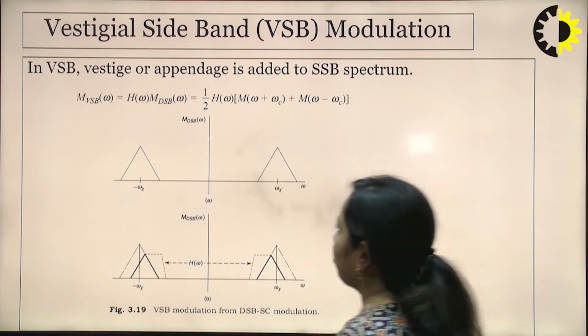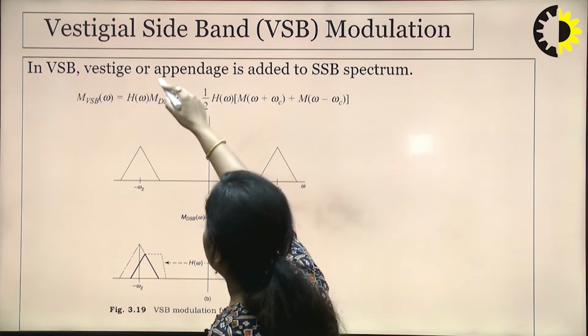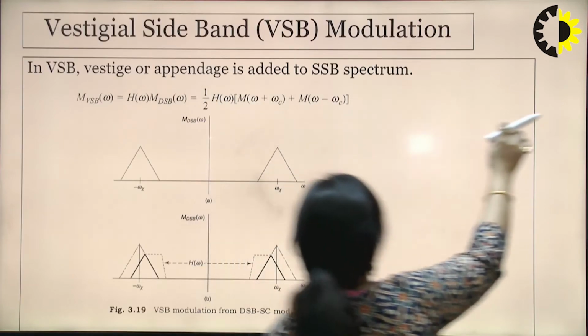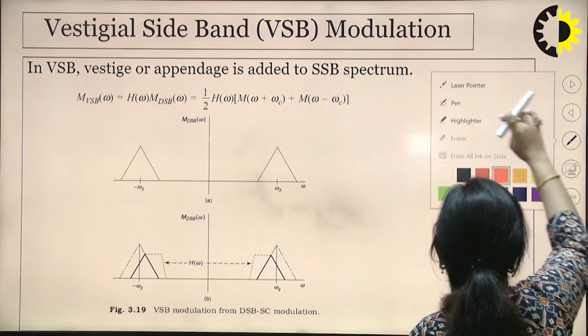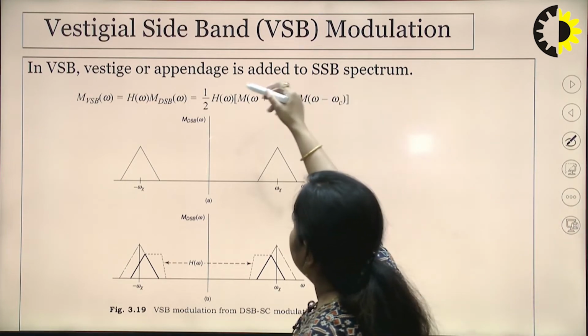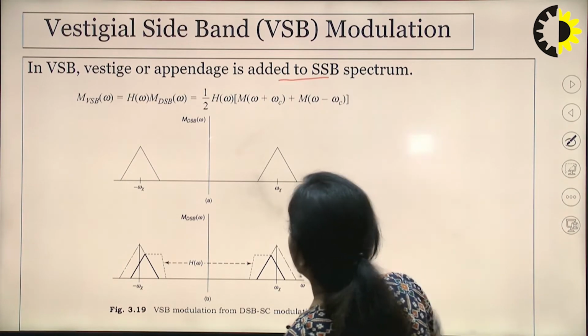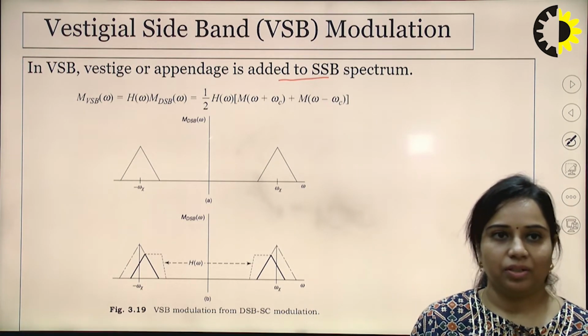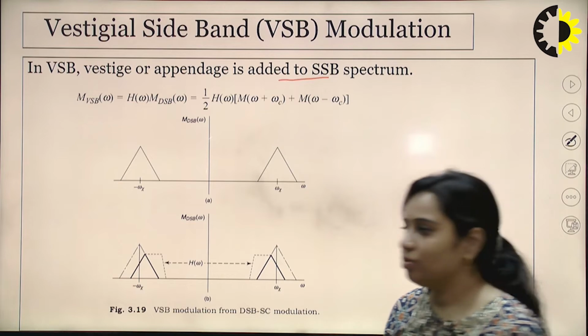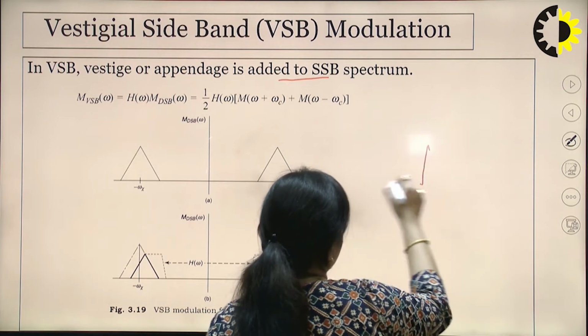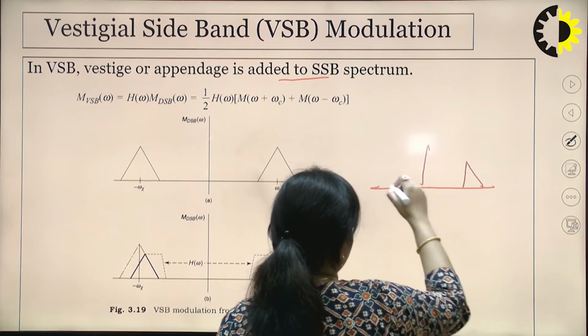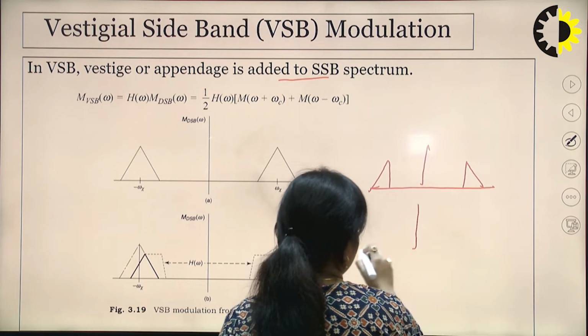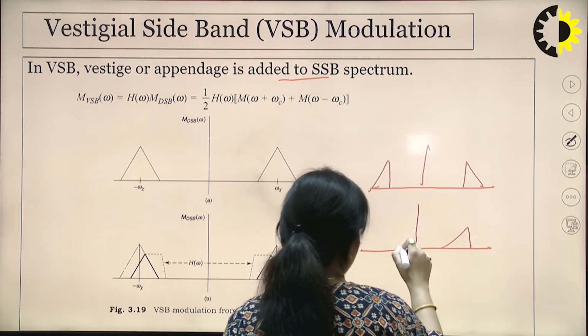So in case of this vestigial sideband, a vestige or appendage is added to the SSB spectrum. Like I have told you in the previous lecture what SSB is. In case of SSB, either we are transmitting the upper sideband like this one, or we are transmitting the lower sideband.